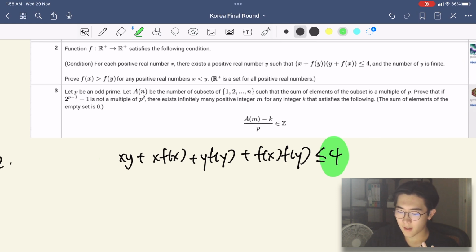My next idea was to use proof by contradiction to reach the end result.